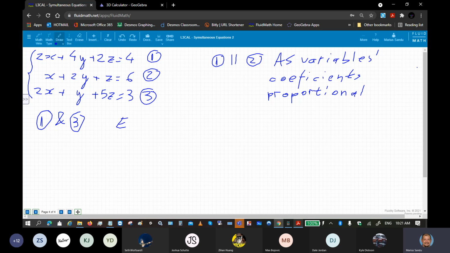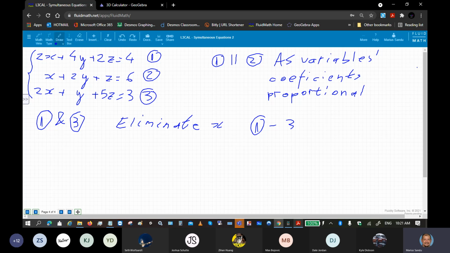For 1 and 3, I eliminate x. In 1 the coefficient of x is 2, in 3 it is 2, so I just subtract one from the other.